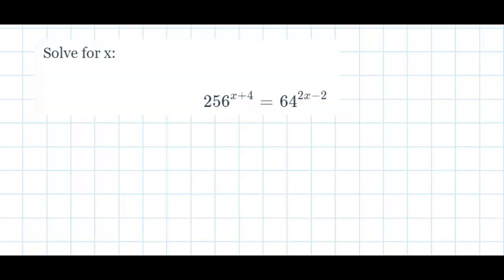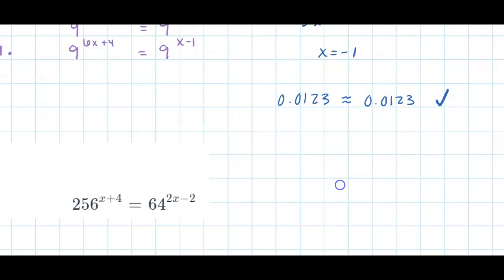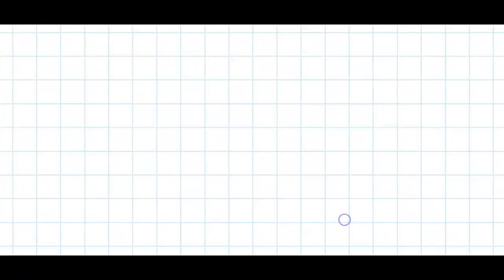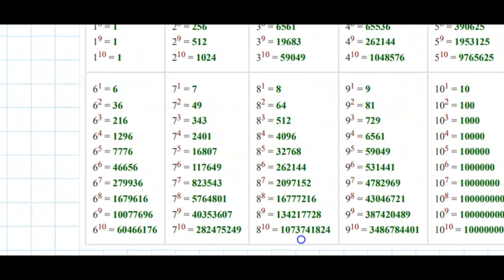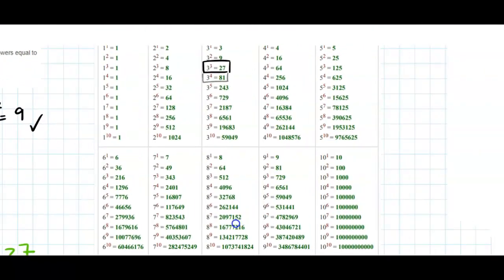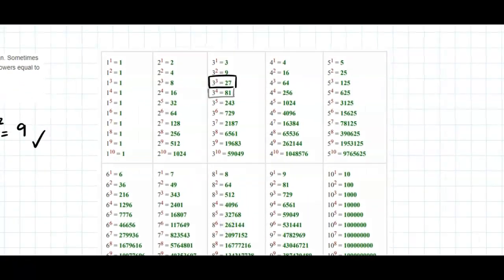256 and 64. Let's go look at the chart. 256 and 64. So I see a 64 and a 256 here.